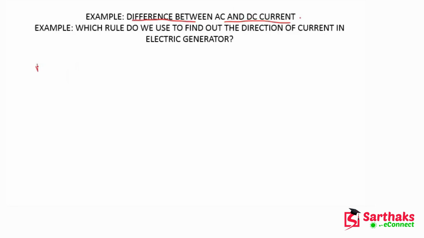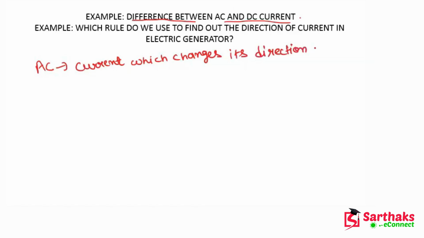AC current simply means the current which changes its direction after a fixed interval.